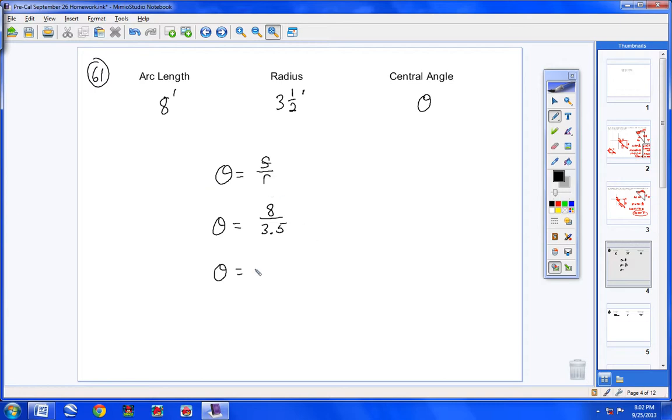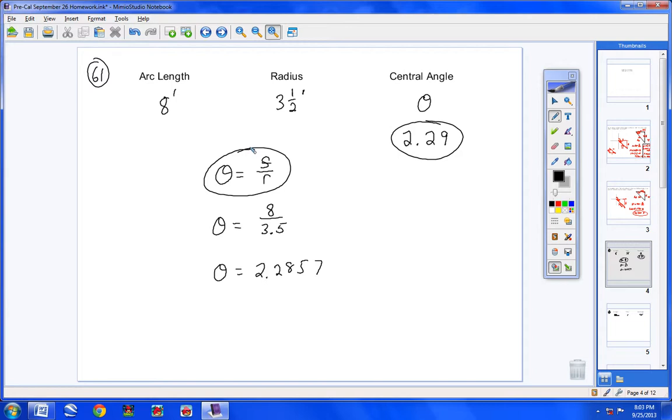They do want us to round to 2 decimal places. So really your calculator should say 2.285714, etc., etc. So we're going to round it to 2 decimal places like the directions say, 2.29 radians. Remember, anytime you get out theta using this formula, it will always be in terms of radians.